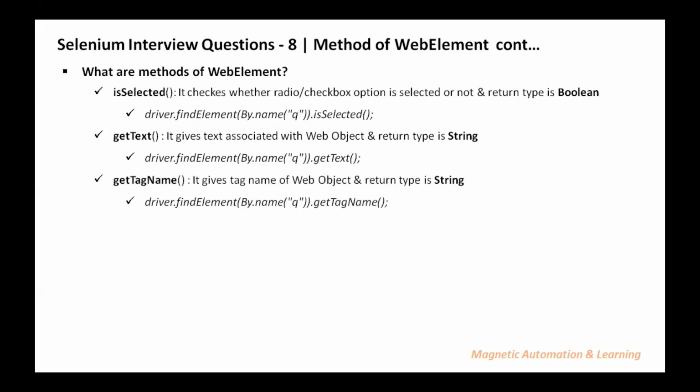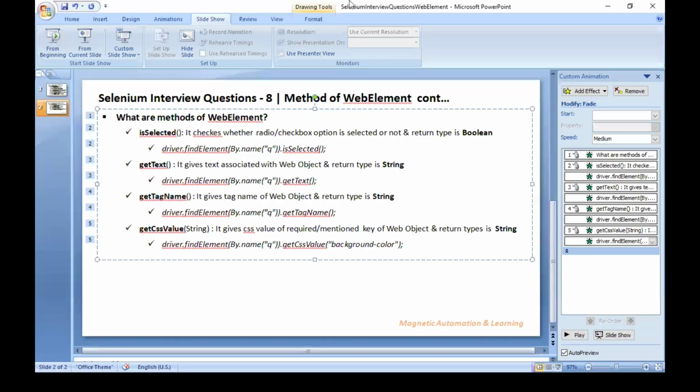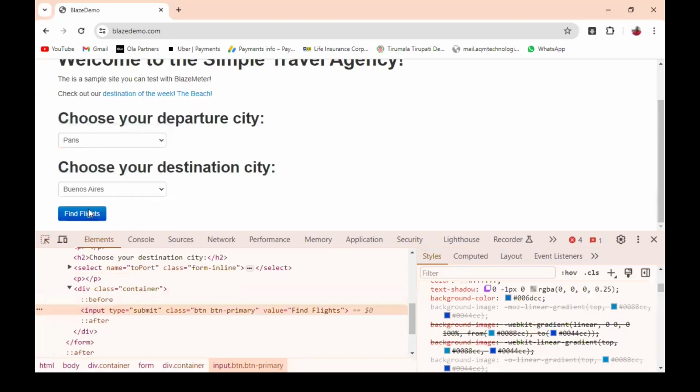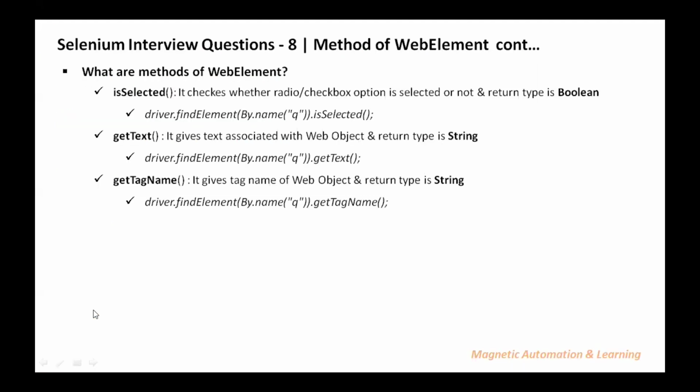As the name suggests, it will return the tag of the web object. So if you want to see what the tag name would be, you can see one of the objects, this find flight, and the tag name of this is input. So using get tag name, you will get that input.